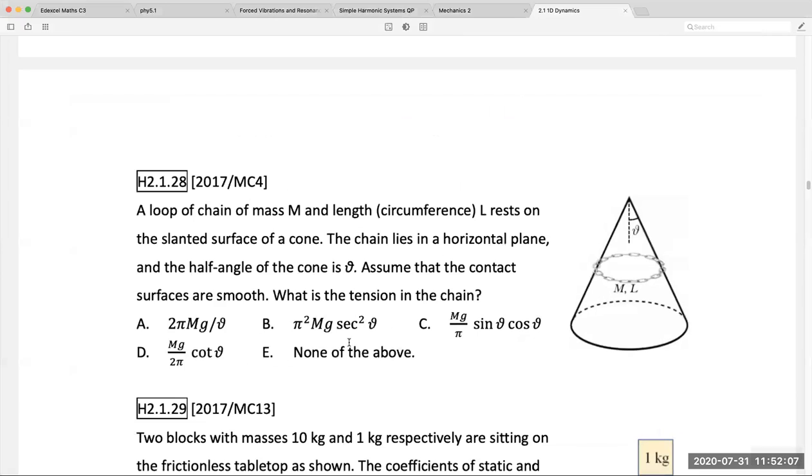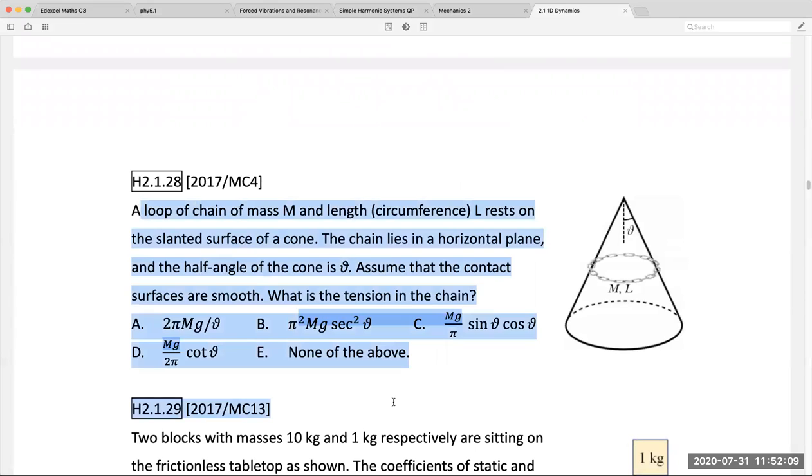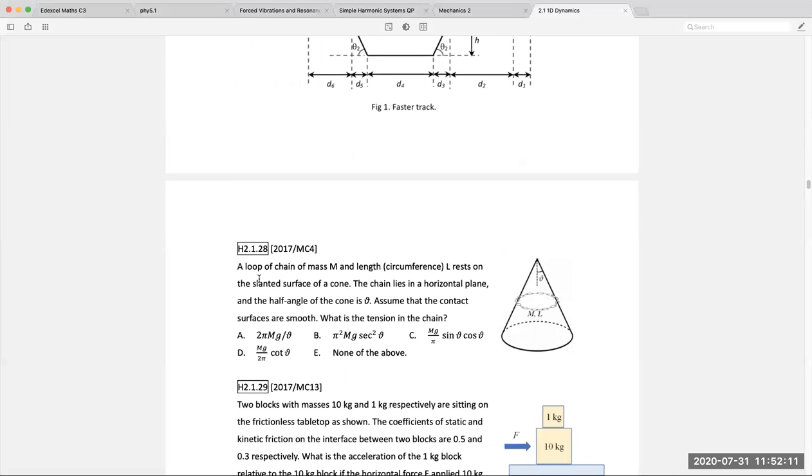Have you tried to do this question? May you try to think about how to do this question. We give you 2 or 3 minutes.